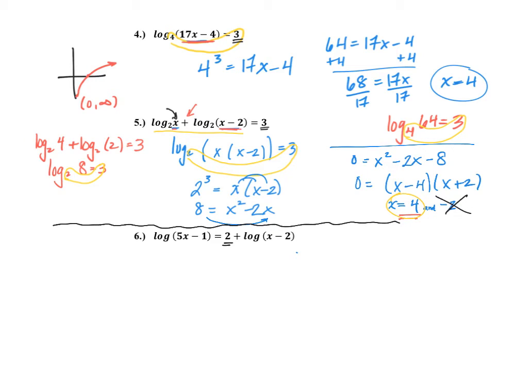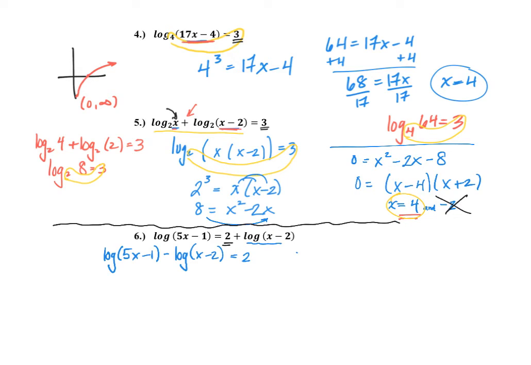So I'm going to write this as equal to a 2. I'm going to subtract this log, and there's no base, which means it's base 10, a common log. So I'm going to subtract that log to the left-hand side. So now I have log base 10 of 5x minus 1 minus log base 10 of x minus 2.